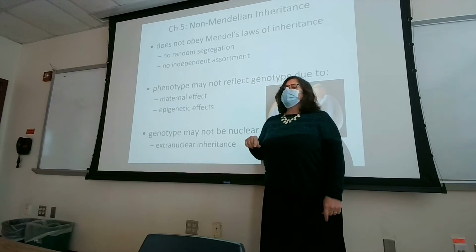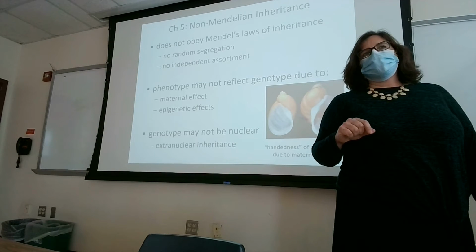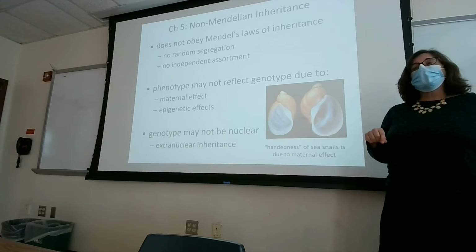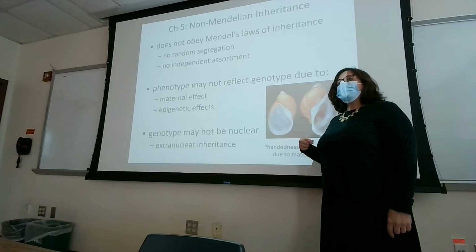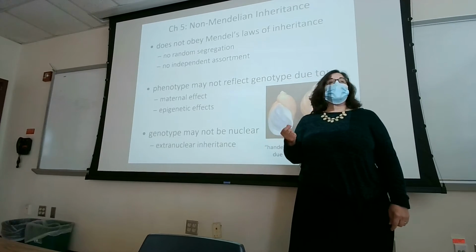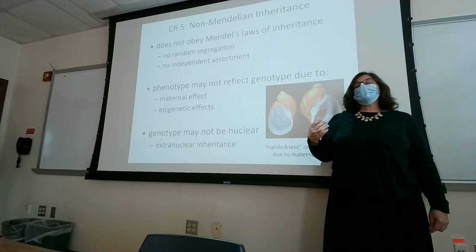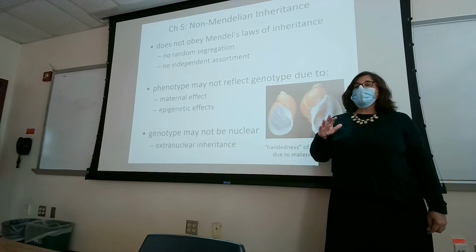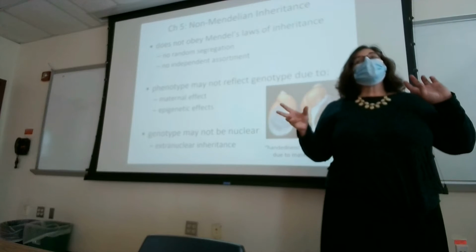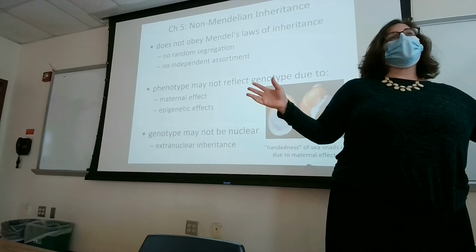And then the third type is that the genotype may not be in the nucleus. There are other types of DNA that get passed down from parent to child, and this is also called maternal inheritance because it's usually passed down in the egg. In this chapter, students sometimes get confused between the maternal effect and what we call maternal inheritance.